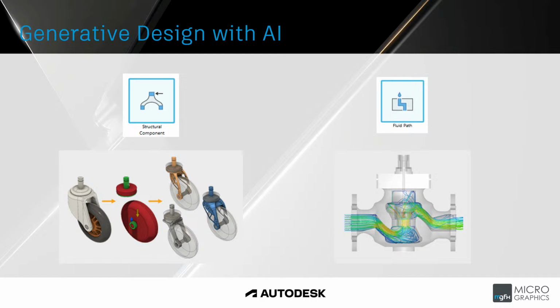So to break it down, what we're looking at here is optimizing structures for weight, material, and performance, but letting the algorithms, the AI, calculate and create that geometry for us. And now there's also the fluid path preview. You can also optimize a fluid path through a component to reduce the pressure drops through that component, in turn improving the performance of that design.